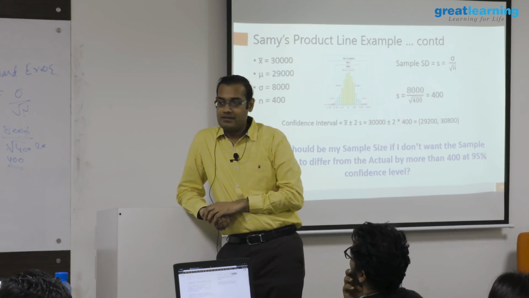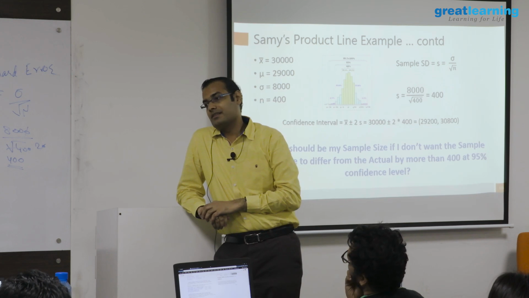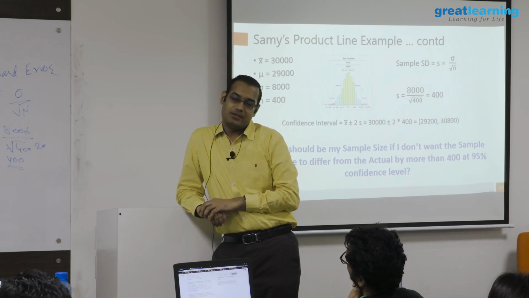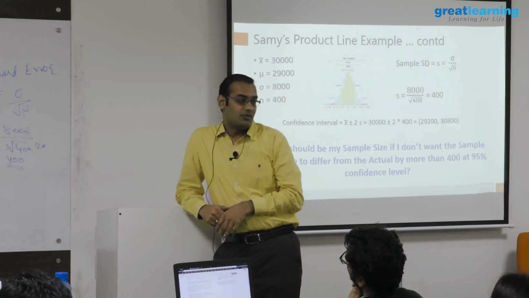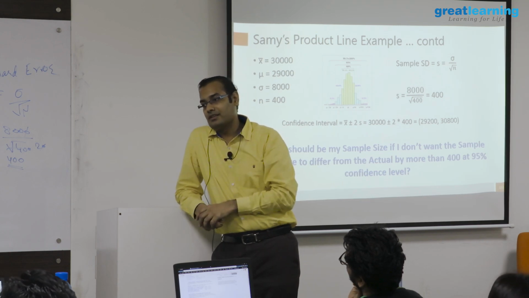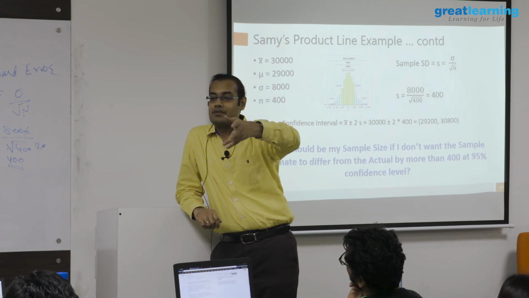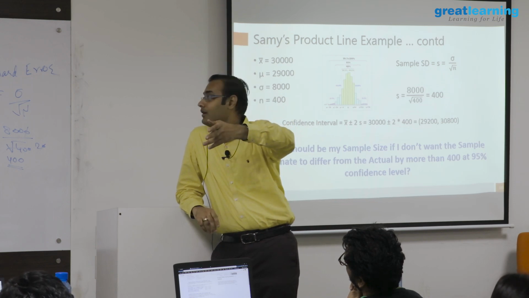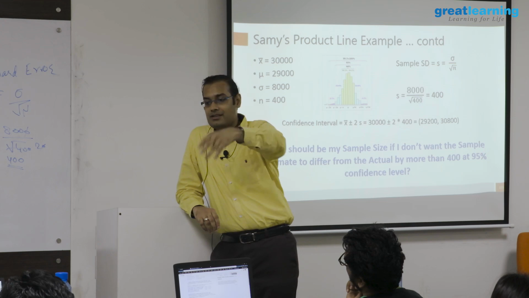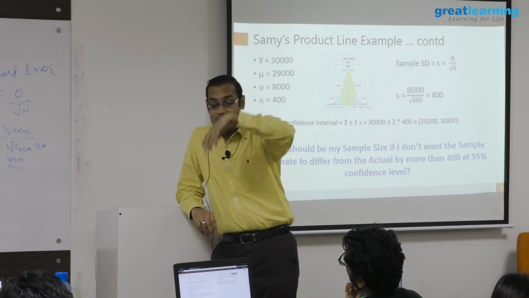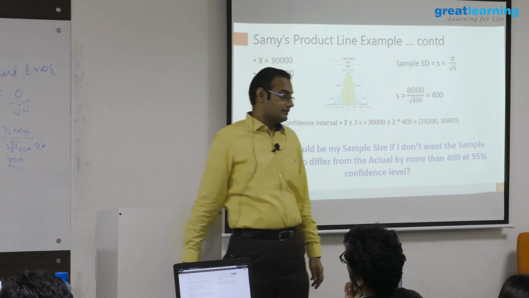Now you will say, sir, you want a plus or minus 50 range, which means I have to do a survey of 25,600. So the billing will go from 400 to 25,600. That is 64 times the cost increase.